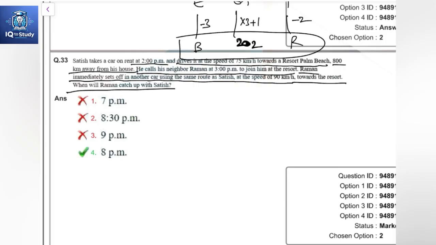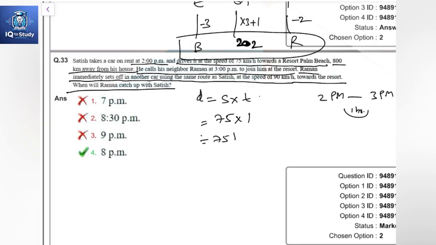We know that distance is equal to speed into time. Here speed is given as 75 kilometers per hour and time is 1 hour because 2 pm to 3 pm is 1 hour. So distance becomes 75 kilometers.